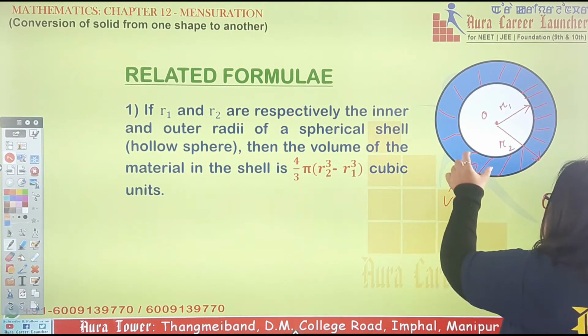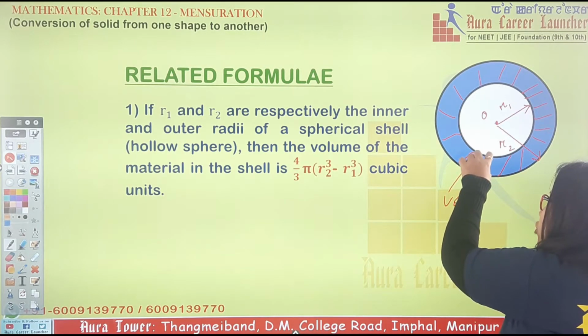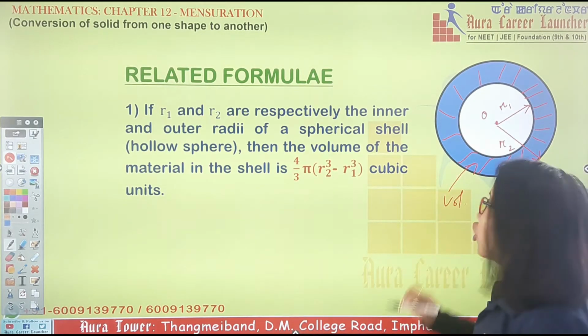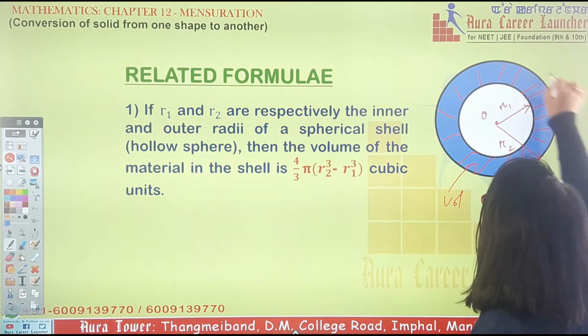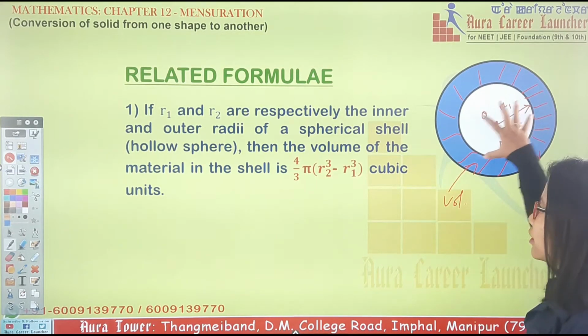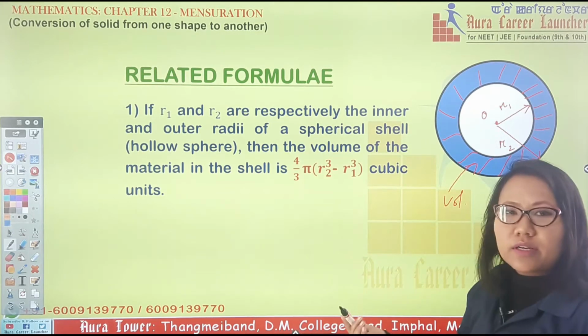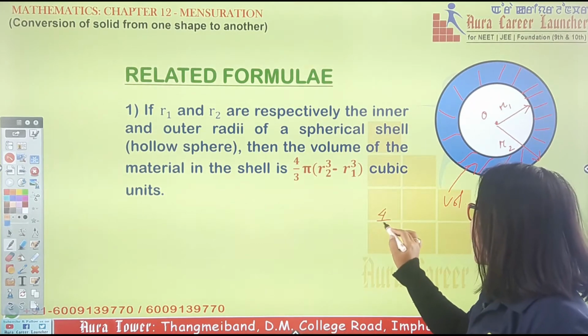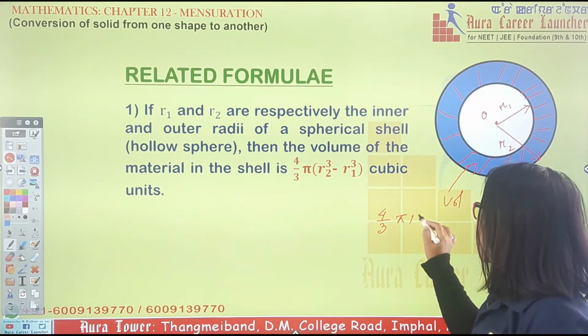For the hollow sphere, the volume will be the whole outer volume minus the inner volume. We know that the volume of a sphere is 4/3 pi r cubed.